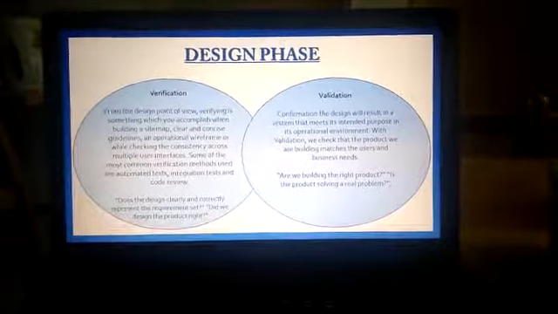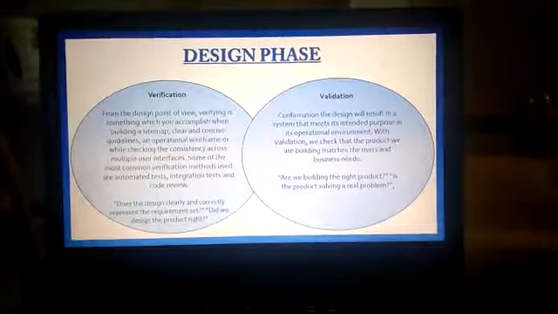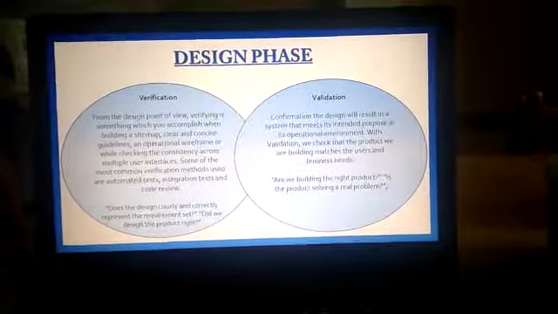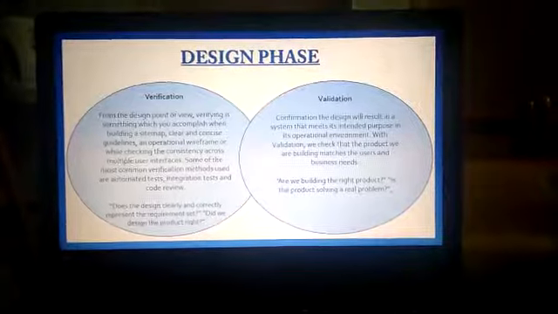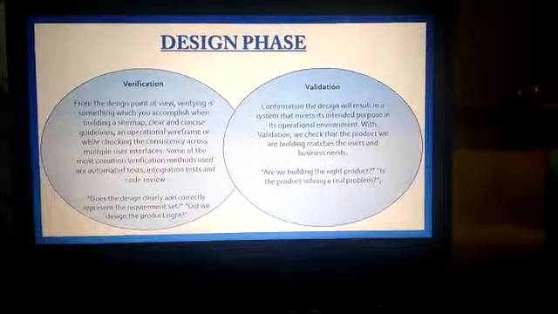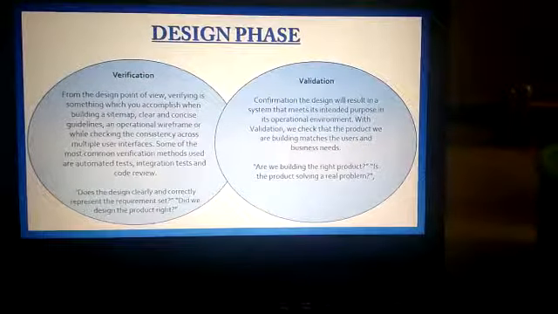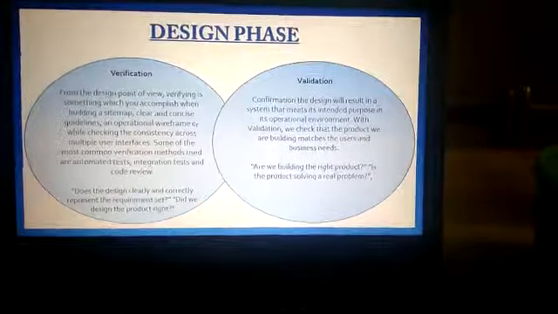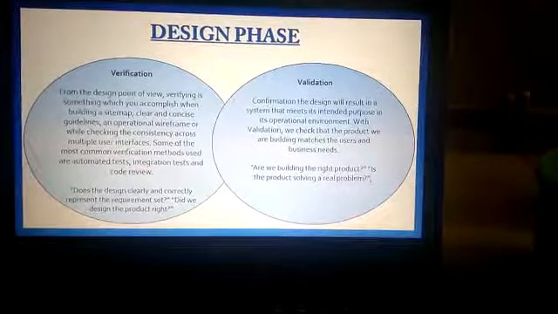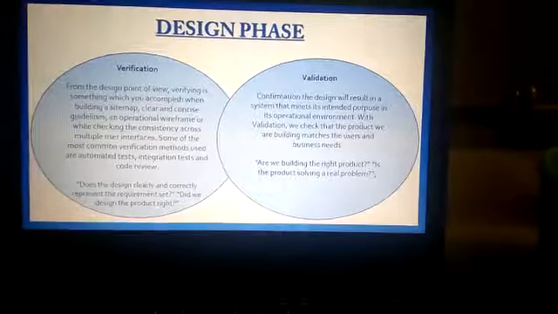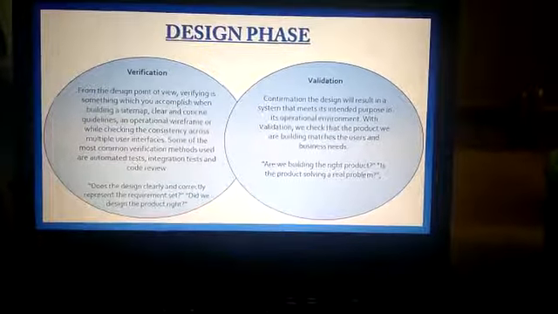Okay, validation and verification related to the design phase. Verification is the process used to determine the quality of our product. From the design point of view, verification is something you accomplish when building a site map, a clear and concise guideline, and an operational wireframe, or while checking the consistency across multiple user interfaces.